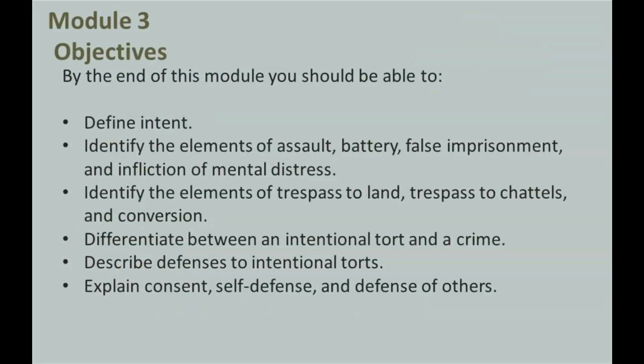I will just tell you right up front, the biggest problem that students have had with this is mixing up torts and criminal. And I don't know whether they just really don't get it or whether they're just doing that because it's convenient or something, but that's a major no-no.